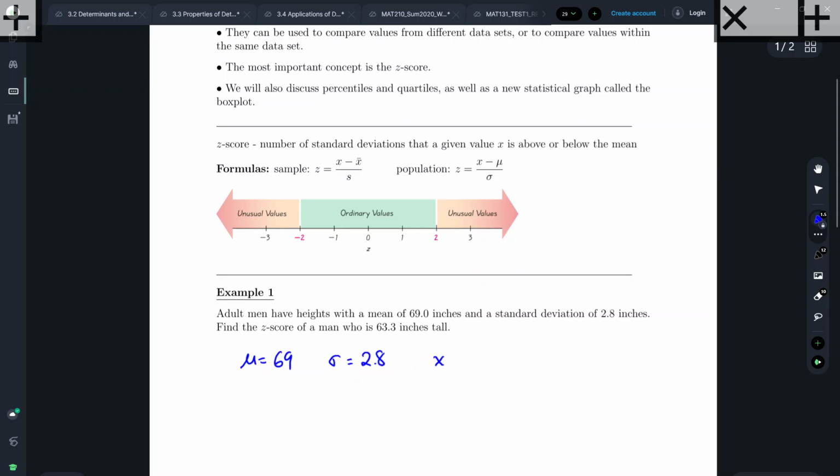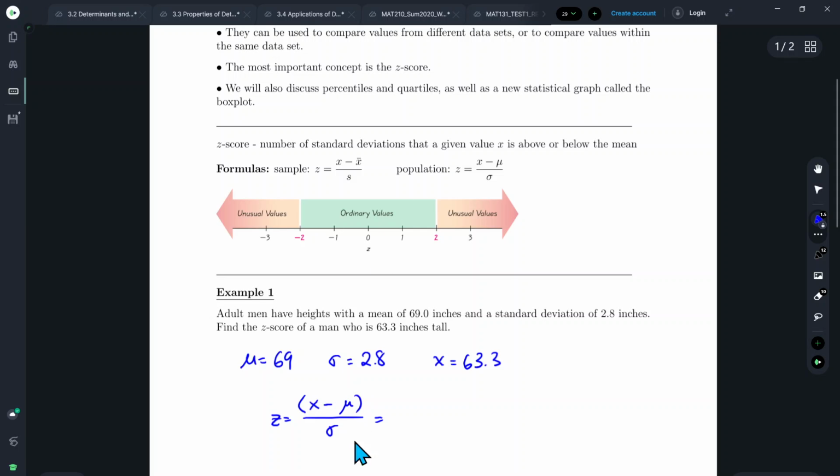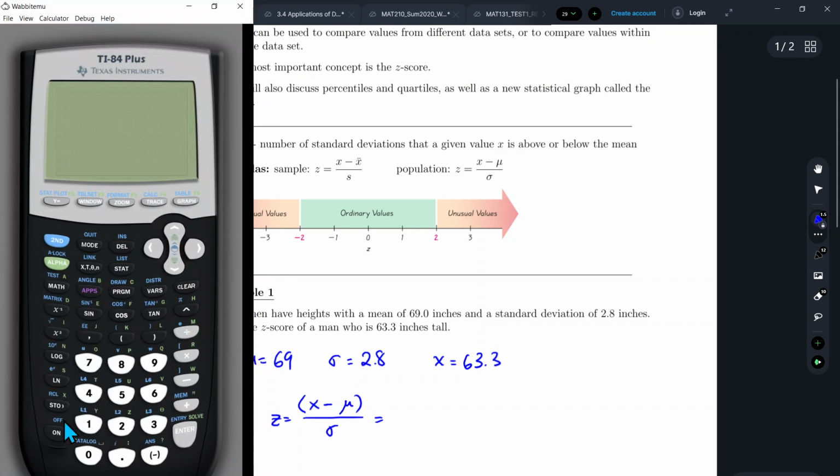So this is a particular value, so x would be 63.3. To calculate the z-score, the formula is (x minus mu) over sigma. I put the parentheses in the numerator like this so that the calculator understands the order of operations.